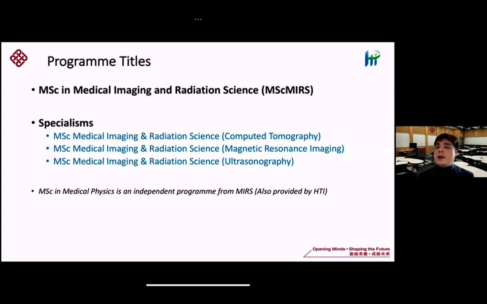After you fulfill all the criteria of that specialism, you will be awarded a degree with annotations. For example, an MSc in Medical Imaging and Radiation Sciences (Computed Tomography, Magnetic Resonance Imaging, MRI, or Ultrasonography). If you don't choose a specialism for your graduation award, then you will be awarded a general MSc in MIRS degree.